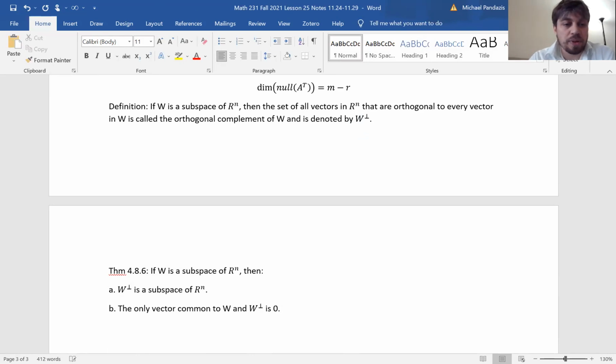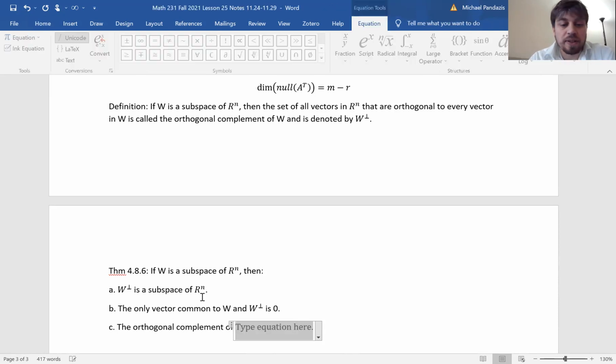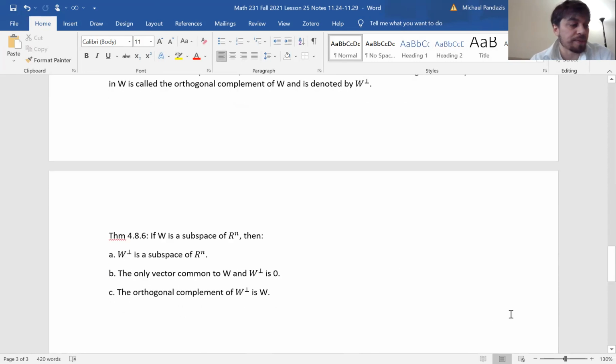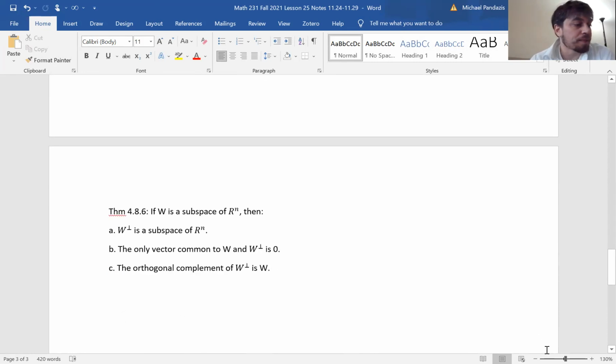So the only place where a vector space W and its orthogonal complement meet is at the single point 0. The orthogonal complement of W perp is W. So if you take the orthogonal complement of W, you get W perp. If you take the orthogonal complement of W perp, the orthogonal complement of the orthogonal complement of W, you get back W. Okay.